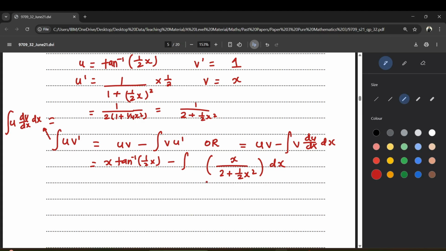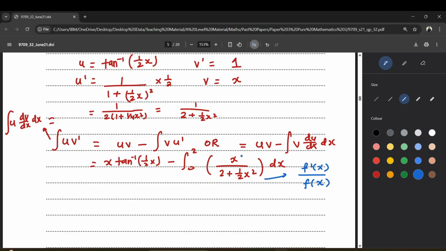so what we can notice is that this integral is in the form f dash x over f of x, right? Because if I try to differentiate the denominator, this 2 will become 0 and this becomes 2 times half x. So that will be 2 and 2 cancel. So you'll be just left with x.